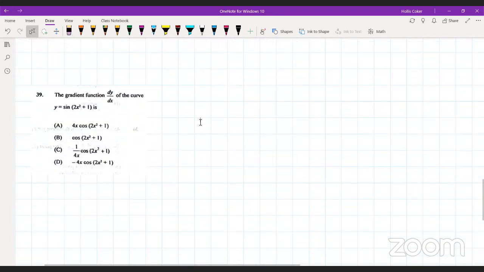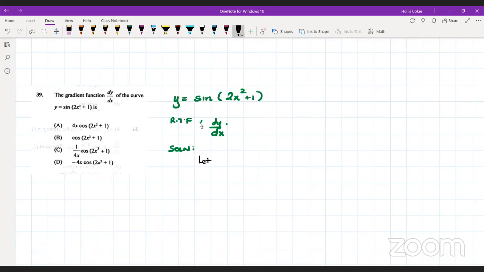Okay, you have to differentiate now, right? So the gradient function. It's a function of a function here. So I have y is equal to sine of (2x squared plus 1). I'm required to find the gradient function, which is dy/dx. My solution will involve making an assumption. I'll let the argument of the sine function, u, be equal to 2x squared plus 1.